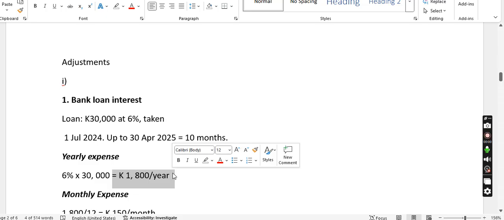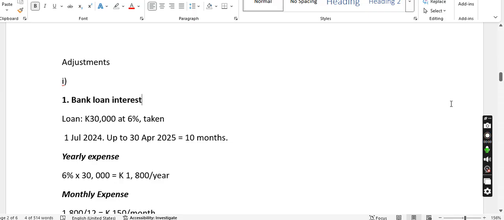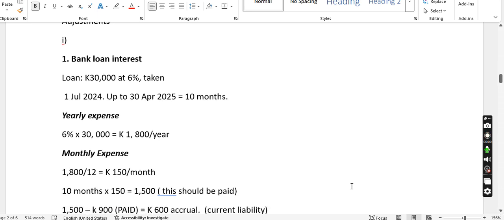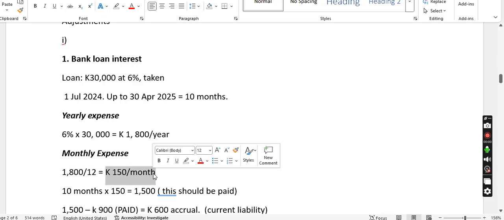Okay. Now, from the time we got the loan until the year ends, it's not a full year. Okay, it's just some months. So we need to find out what is the monthly expense. The monthly expense, 1,800 divided by 12, 150 kwacha per month.